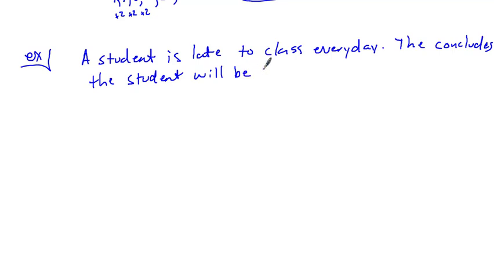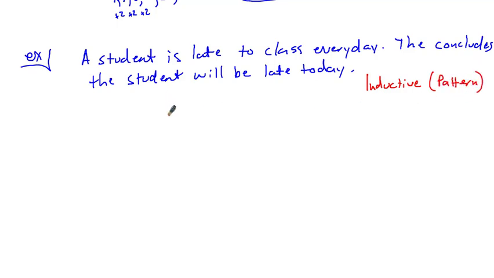So when we read that, the student is late to class every day. That's saying Monday he was late, Tuesday he was late, Wednesday he was late, Thursday he was late. The teacher says, you know what, it's Friday, this kid's going to be late. Well, I hope that you can see that's a pattern. That's inductive reasoning.